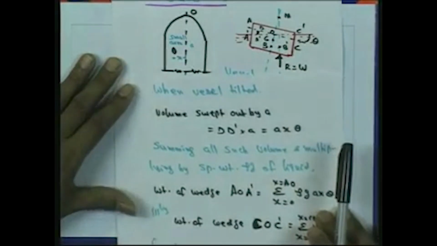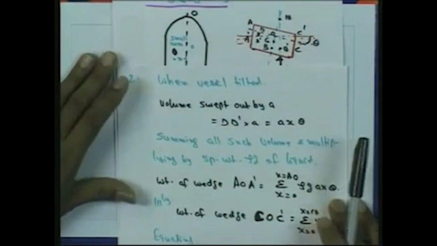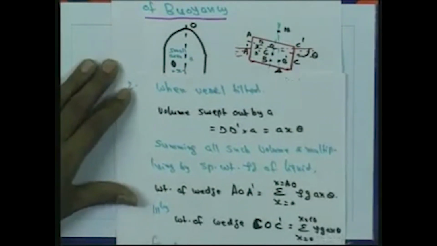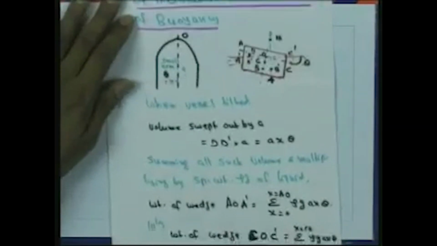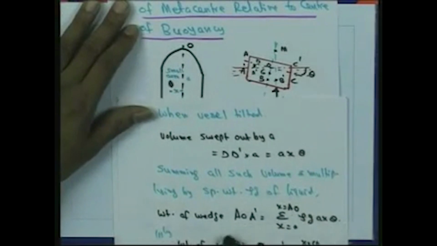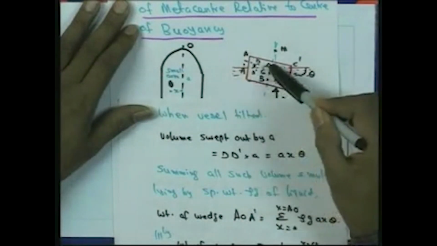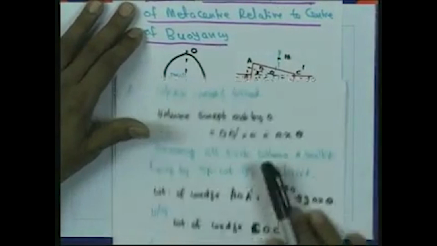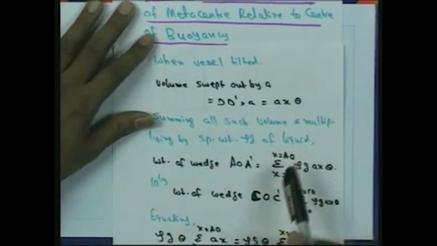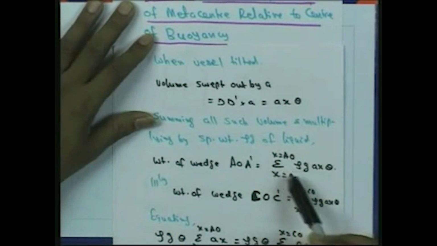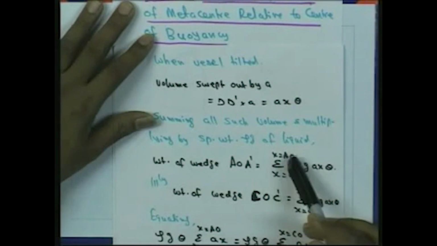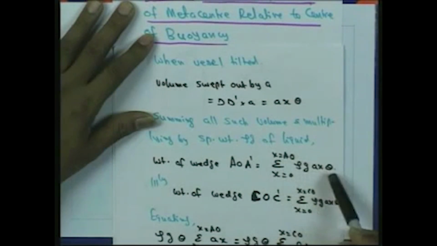Now we will sum up all such volumes and multiply by the specific weight rho g of the liquid. We can see in this figure that the weight of the wedge A O A dash is equal to sigma x equal to 0 to AO of rho g Ax theta.